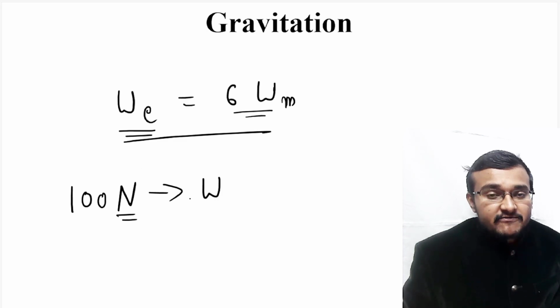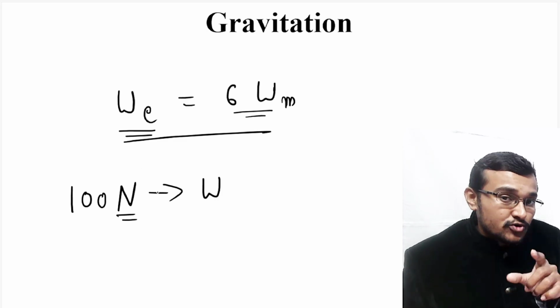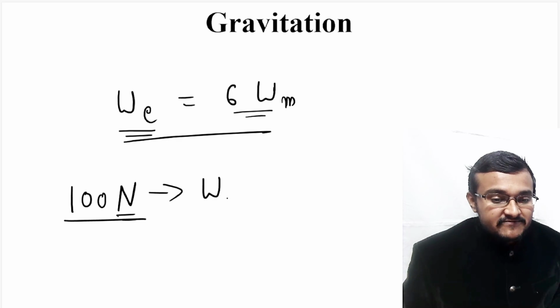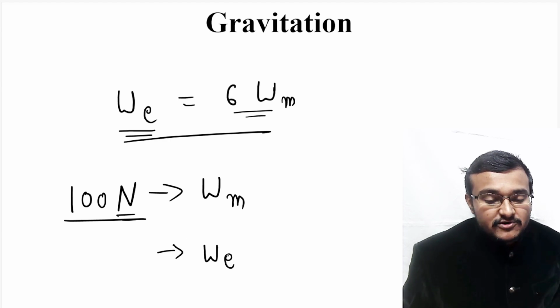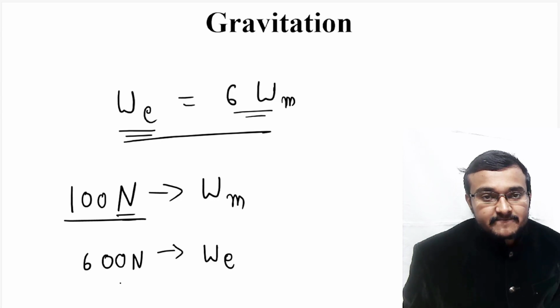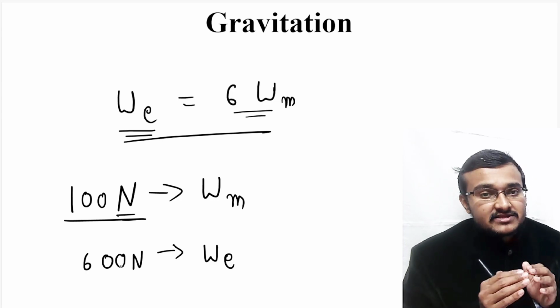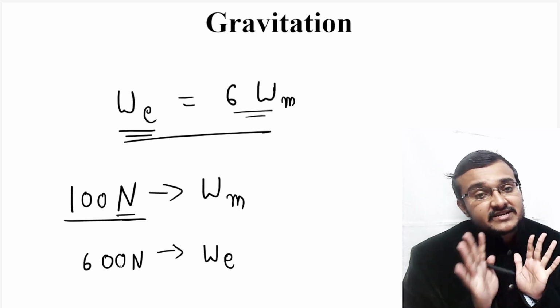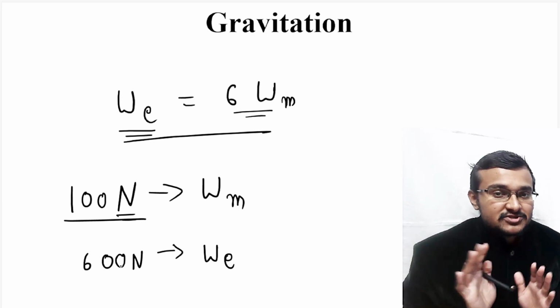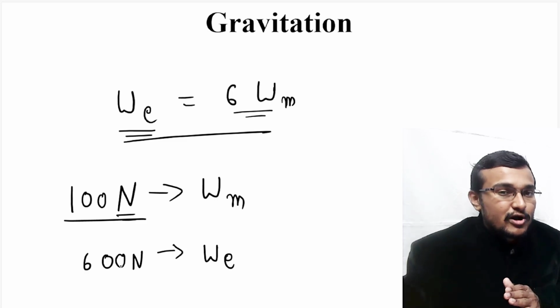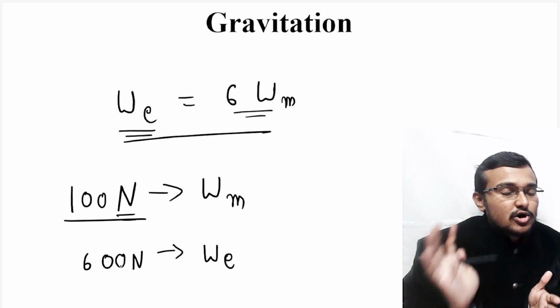So if the weight of a particular object on moon is 100 Newton, then the same object, if it is brought onto the earth surface, will have a weight of 600 Newton on earth. The weight of the same object on moon surface will be 100 Newton. So that means 6 times lesser on moon or 6 times more on earth.